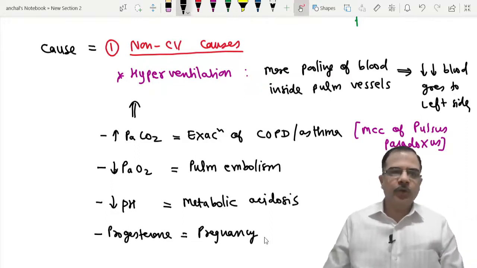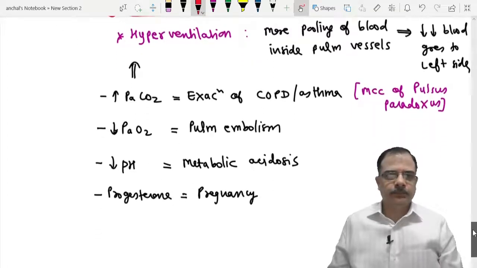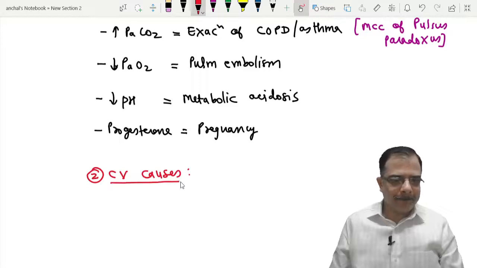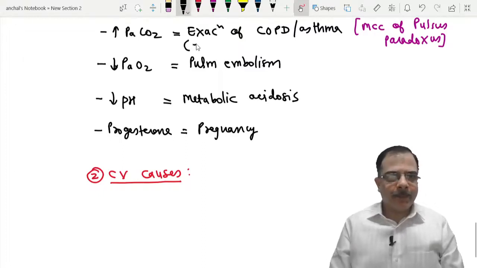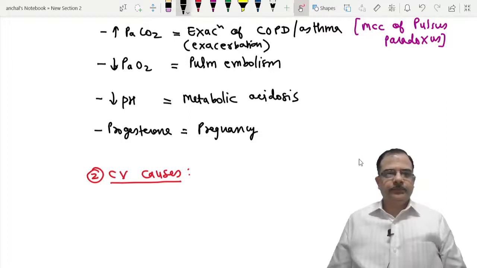Pregnancy. Now the cardiovascular causes.